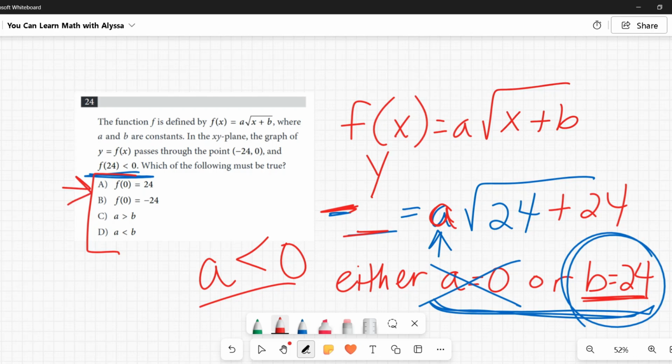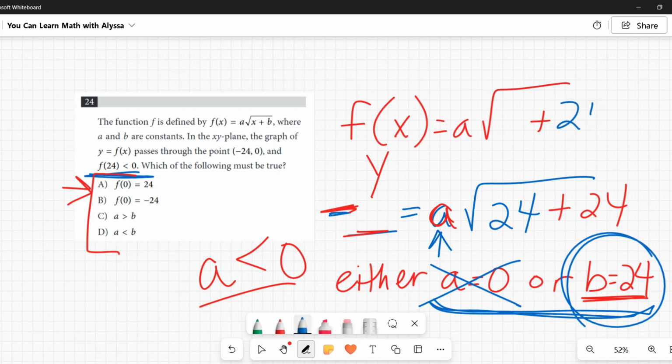First, f of 0 equals 24. No, I don't think we know that must be true. We don't know the value of a. We know that it's less than 0. It's negative. Next, f of 0 must be negative 24. No, we don't know that either.